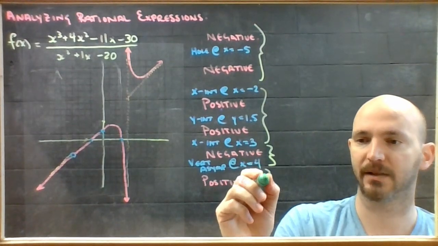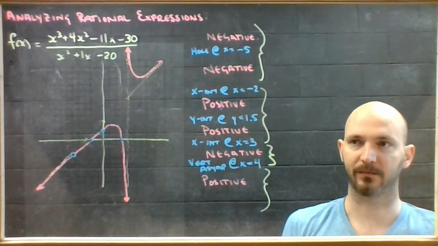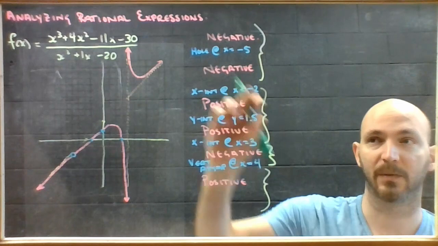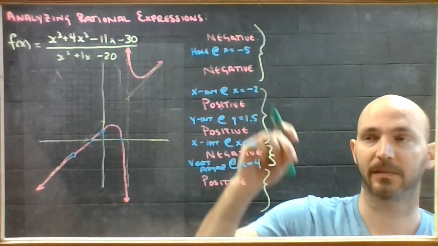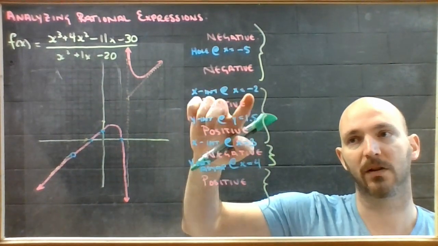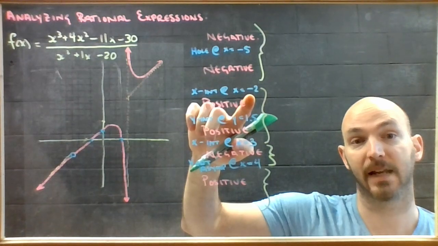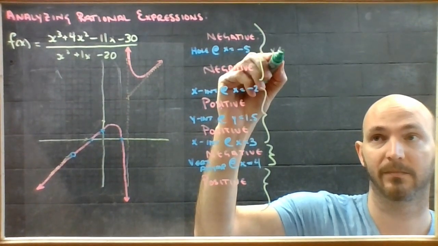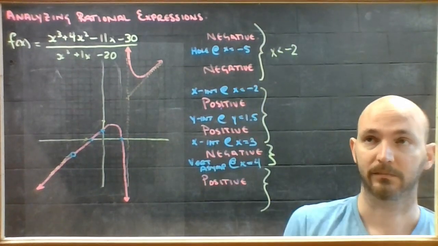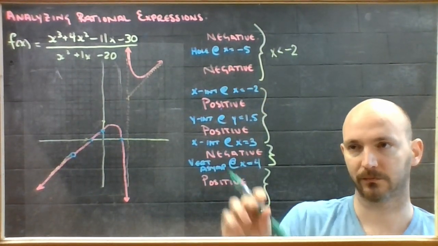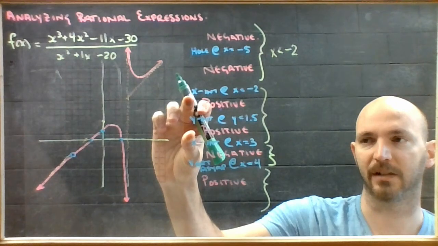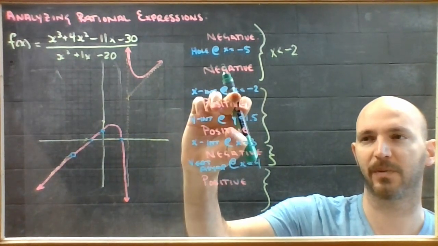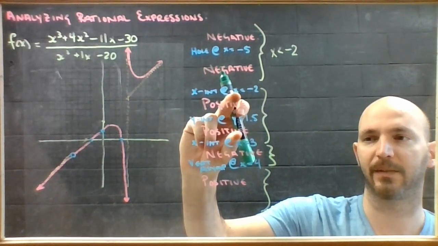And then it's positive in this one. Okay. So this little gap here, this is all of the x's that are less than -2. So I'm just going to write that. This little section here is all of the x's that are between -2 and 3.